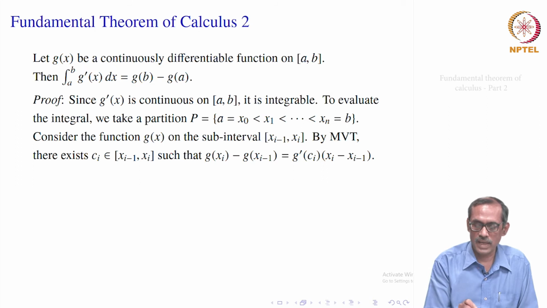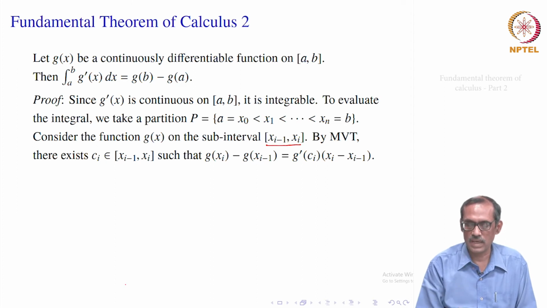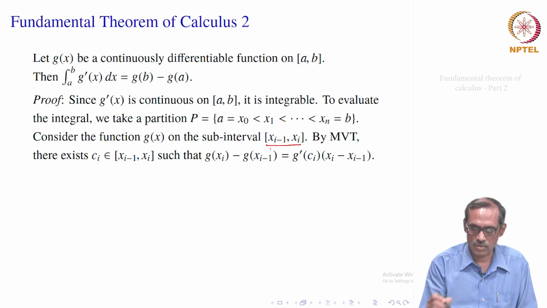Now, let us say you consider g x restricted to the interval x i minus 1 to x i. Then it is continuous on this closed interval. Of course, it is differentiable because that is assumed.